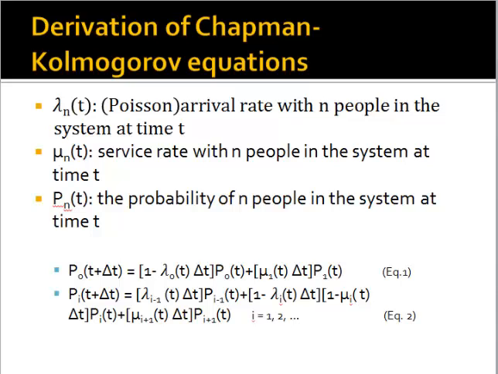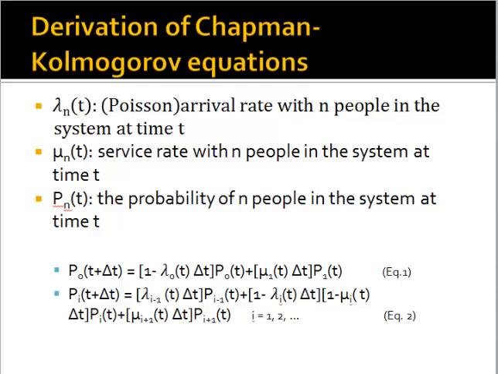Equation 1 here states that the probability of being in state 0, with no one in the system, a very short time from now is equal to the probability that the system is in state 0 now and no customer arrives, plus the probability that there is one customer in the system and that person finishes his or her service during the very short time.